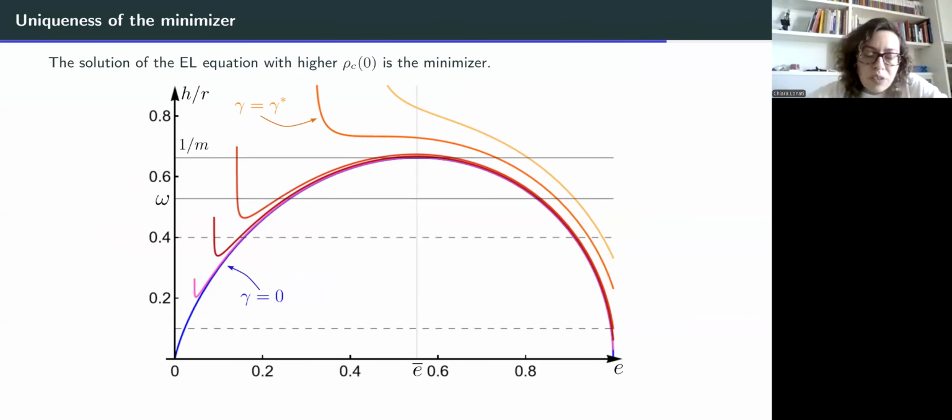So one of the main differences with the preceding work was the fact that we have uniqueness, and this was quite difficult to obtain. In the work by Napoli and Vergori, they just observed that there can be many solutions, so multiple critical points for the functional when gamma is small, and here instead we proved analytically that there is just one minimizer.